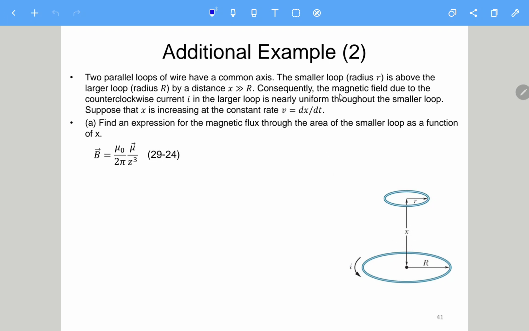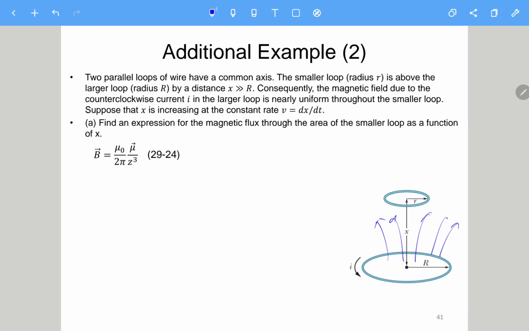And consequently, the magnetic field due to the current I in the larger loop is nearly uniform through the smaller loop. Here it tells you that the larger loop has a current going counterclockwise. Of course, this counterclockwise current is just like a magnetic dipole, so it will generate some B field.